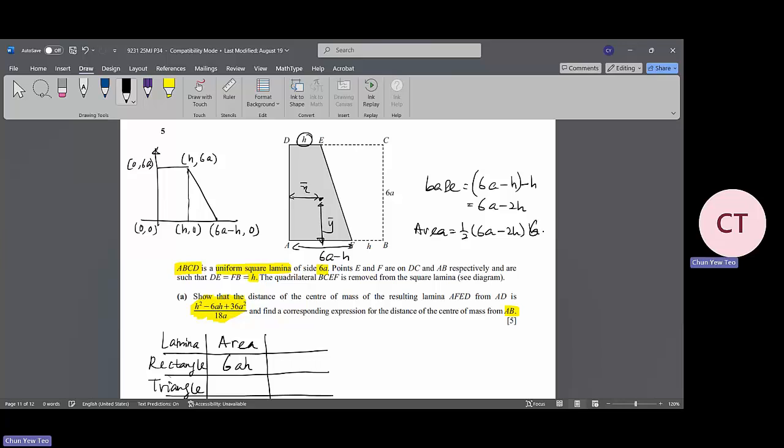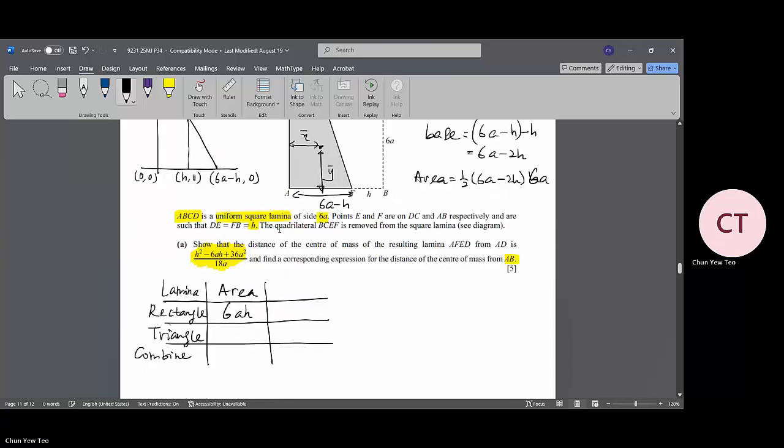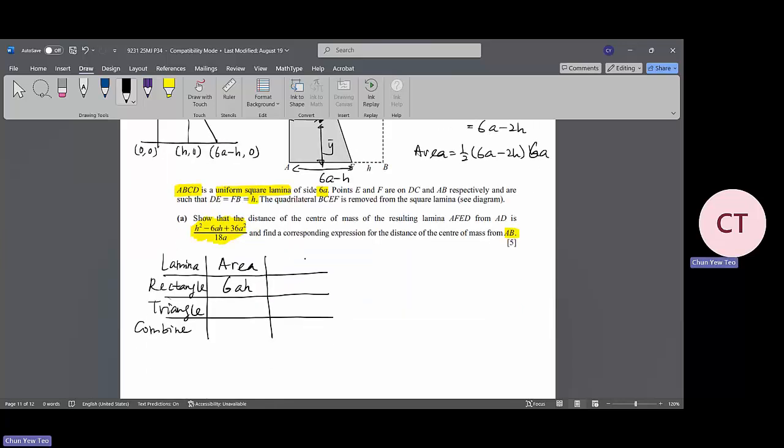The height is 6a. If you multiply it, you will get 18a squared minus 6ah. The total will be 18a squared.